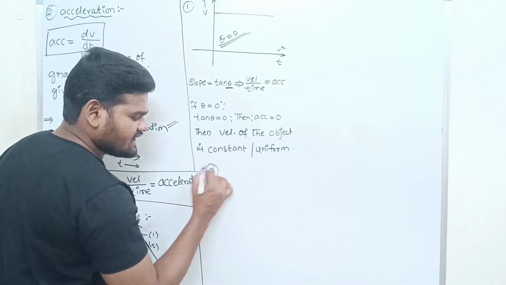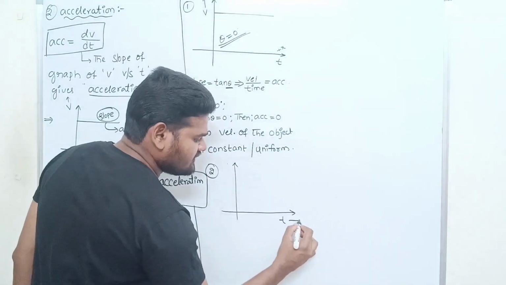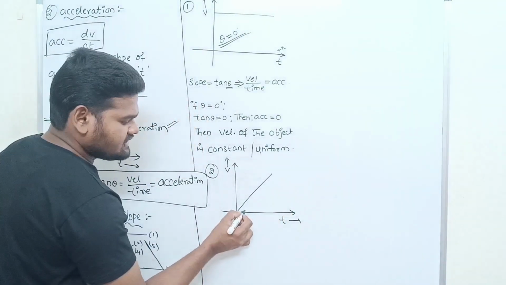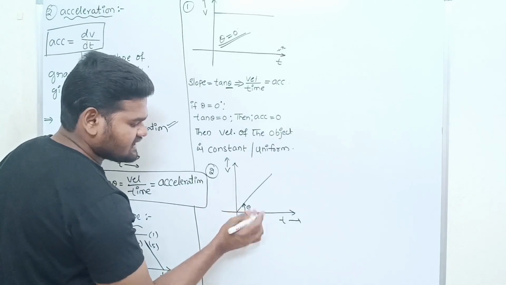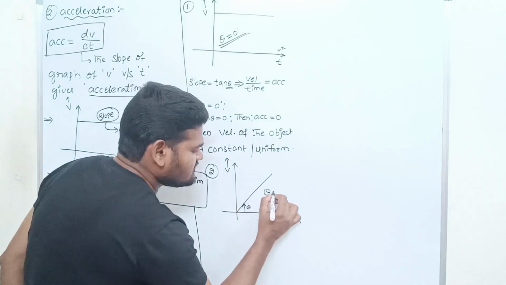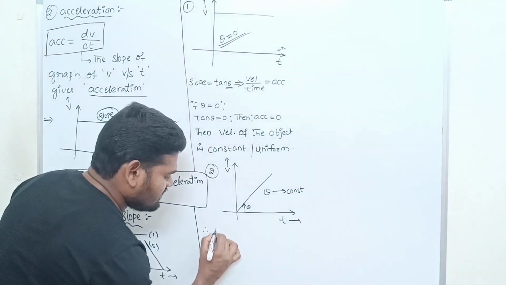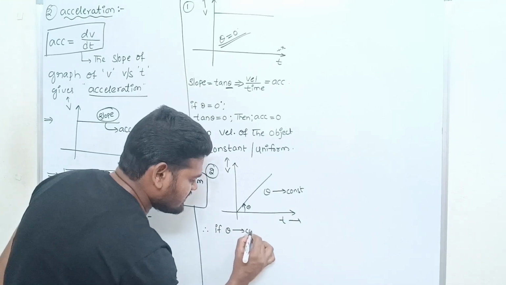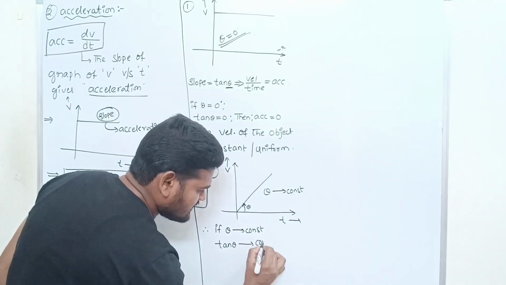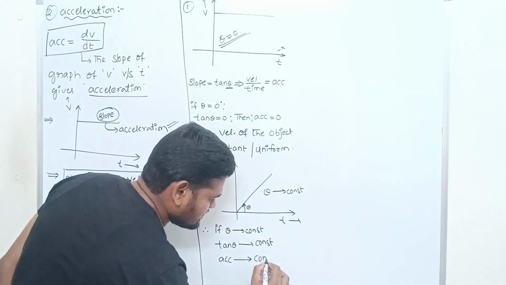Right. Let us see the second one. This is the second slope. Let us take an angle theta from the positive x-axis towards the slope, where theta is constant. Therefore, if theta is constant, then tan theta is also constant. If tan theta is constant, then acceleration is also constant.